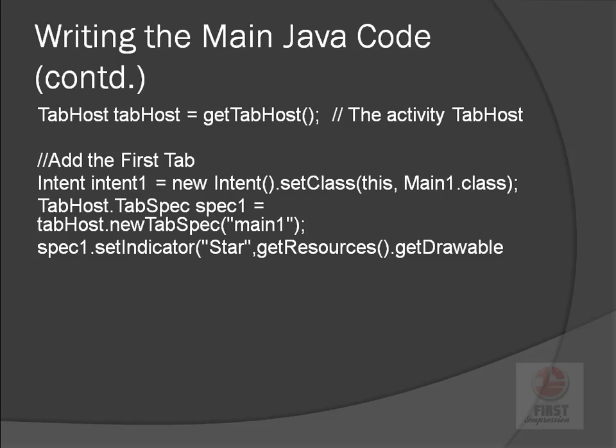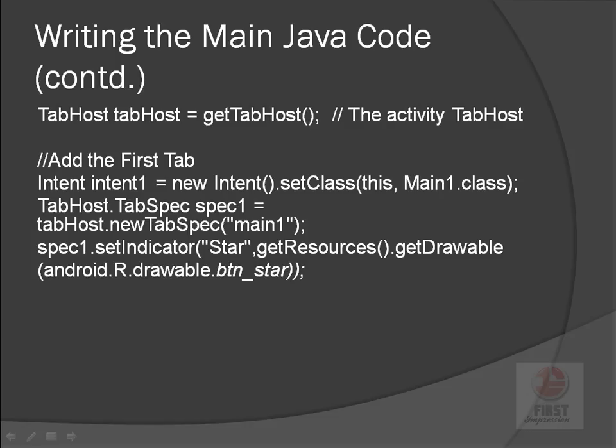So I want the icon from the Android SDK. So what I will do is I will say getResources().getDrawable. This function will get the resources and the drawable inside the resources, and I want the drawable from android.R.drawable.btn_star.